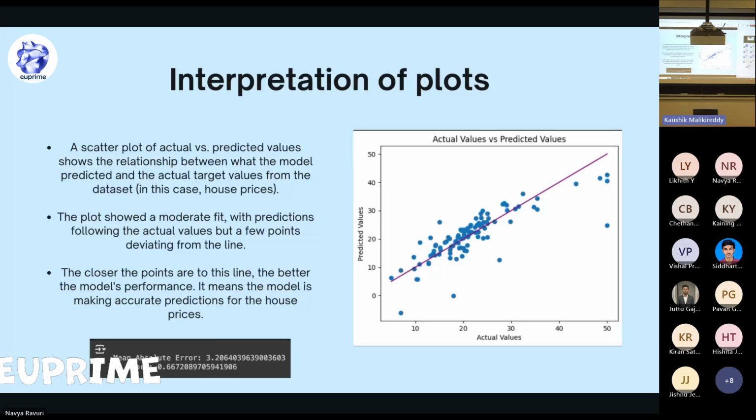So maybe if we use decision trees, we could have identified the features even better. And the mean absolute error of 3.2 means that the predicted value was off by 3.2 units from the actual prices. Go back to that slide about the distance to the employment center.